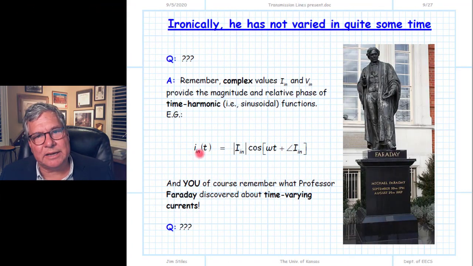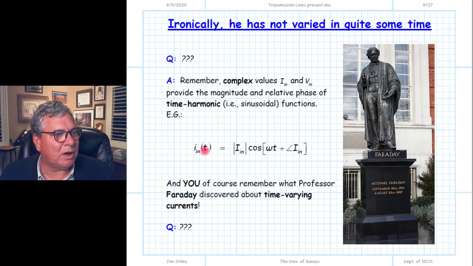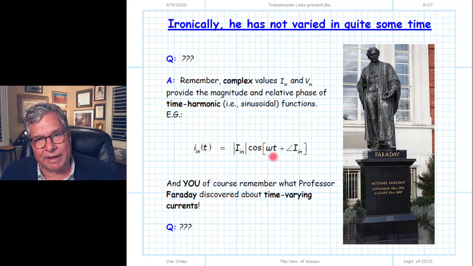So here is the current into our wire, written as a real value current with respect to time. And of course, that is the physical truth of the current. It is a real value, and it is changing with time in a sinusoidal fashion. That's what we're assuming for everything in this class.